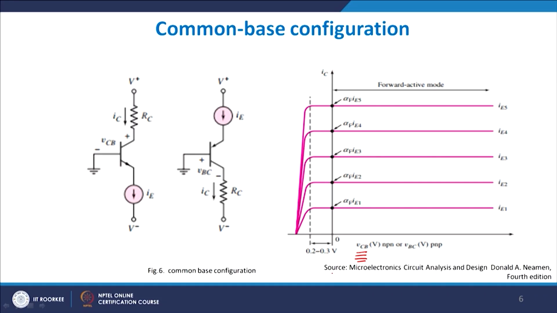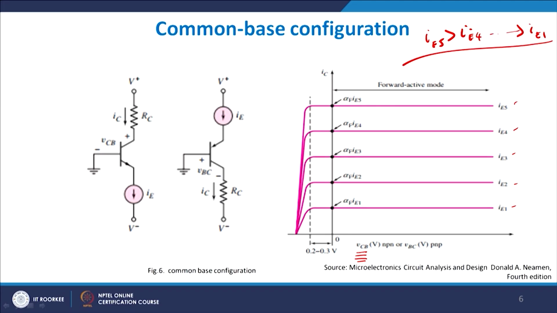Now you see, quite interestingly, I think all of you can understand this graph. This is for a fixed emitter current, so for varying emitter current, IE1, IE2, IE3, IE4, IE5, such that IE5 is greater than IE4 and so on, and the last one is IE1.